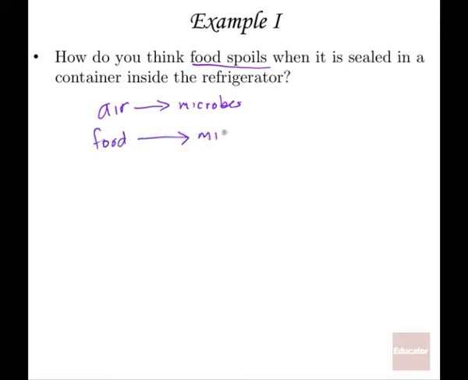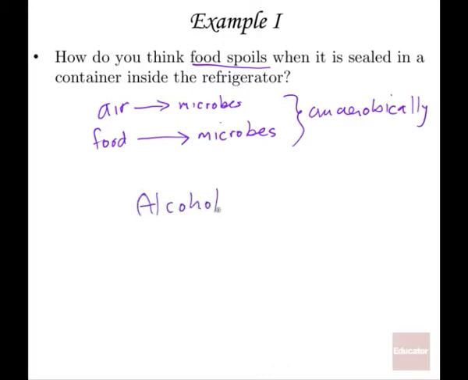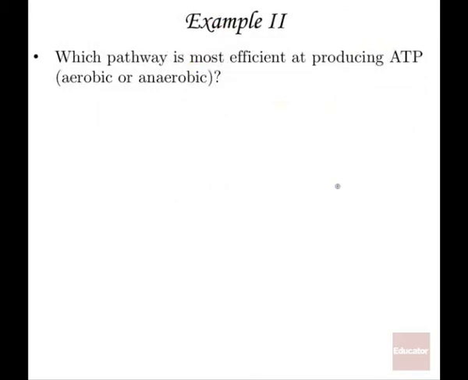And both of those, by definition, pretty much have to function anaerobically for that food to spoil. Especially if you've got a really tight container. So remember that one slide talked about alcohol fermentation as including the food spoilage. So basically the answer to that question is that spoilage occurs through alcohol fermentation.